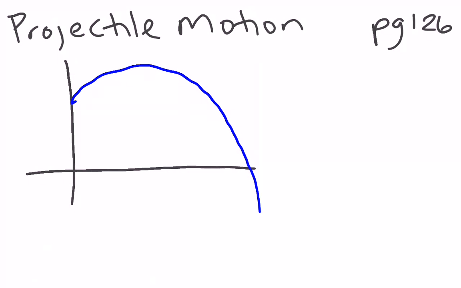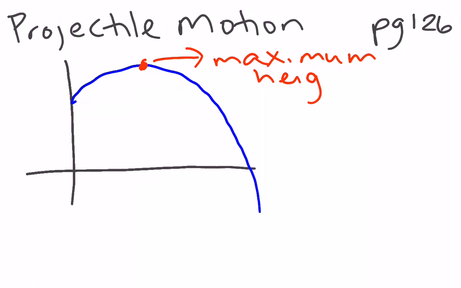That object is going to reach a maximum, so this is our maximum height. And then when it crosses my x-axis, that is when it hits the ground.